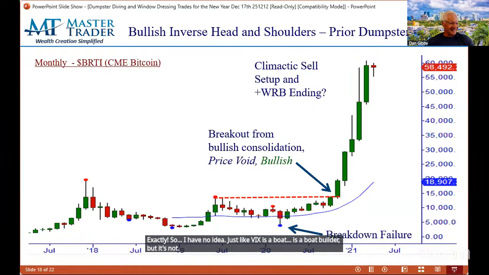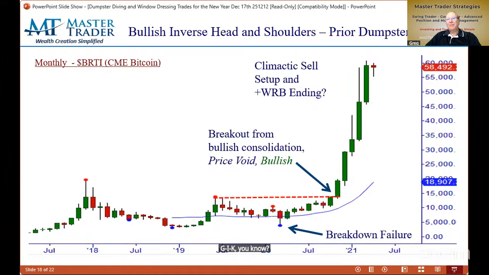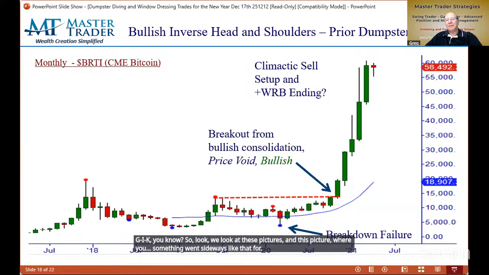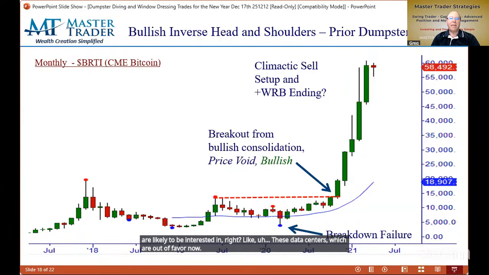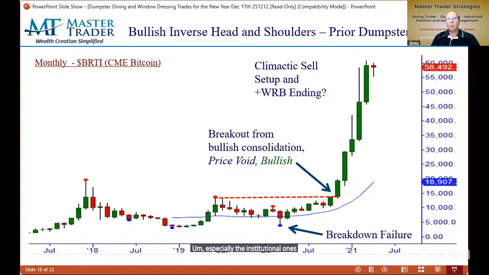Look, we look at these pictures, and this picture where something went sideways like that for 2 years, it's built up this base, and as long as you know that it's an instrument that people are likely to be interested in, right? Like these data centers, which are out of favor now, or AI related, they'll be in interest again next year, especially the institutional ones like AVGO, which got killed.